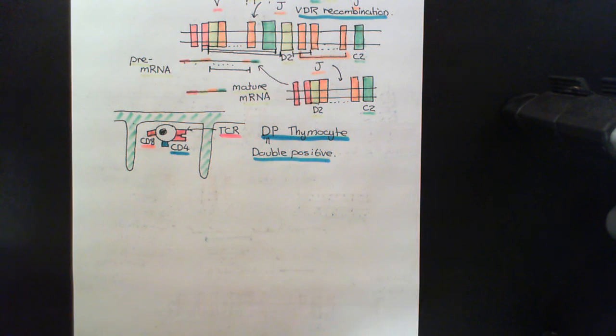It's also now got both CD4 and CD8 on its surface, and this is going to be part of its development. We'll see the importance of these molecules later on. If you don't recognize these molecules, don't worry, you will understand how important they are later on.